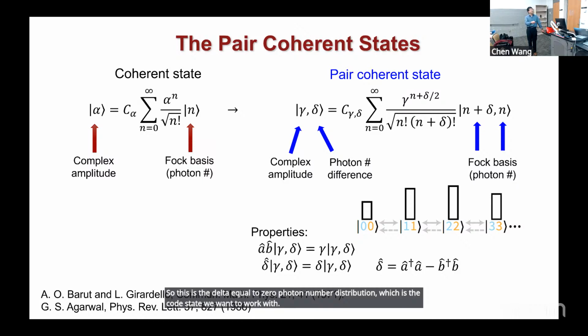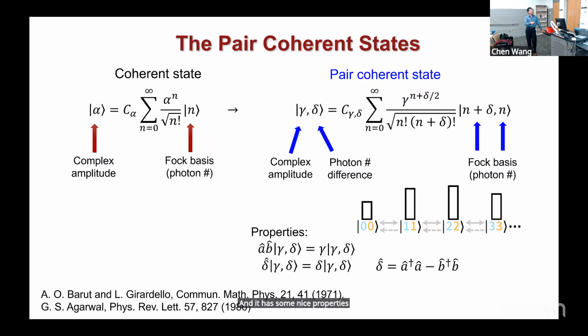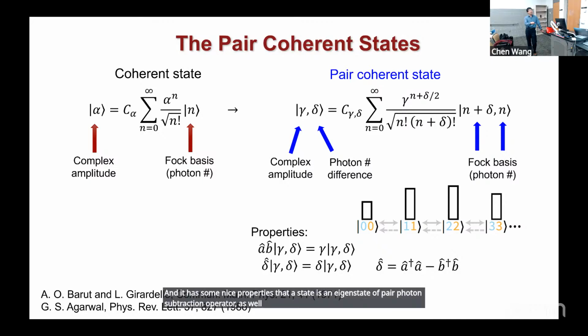And it has some nice properties: the state is an eigenstate of the pair photon subtraction operator, as well as the photon number difference operator.